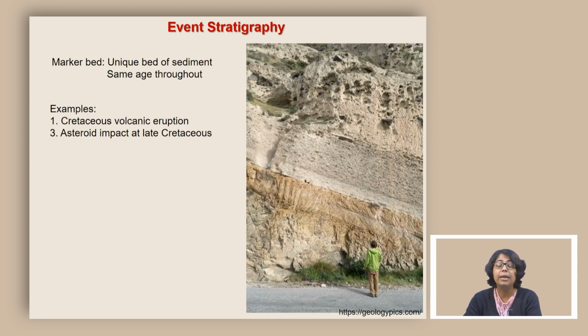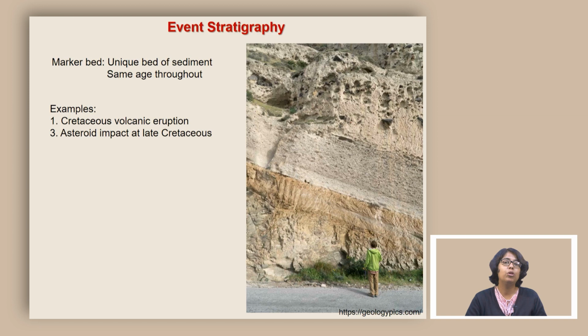Another way of connecting different discrete points is event stratigraphy. This builds on the idea that there can be marker beds. These are unique beds of sediments which cover a very large area, and therefore are the same age throughout. What can be such geologic processes?